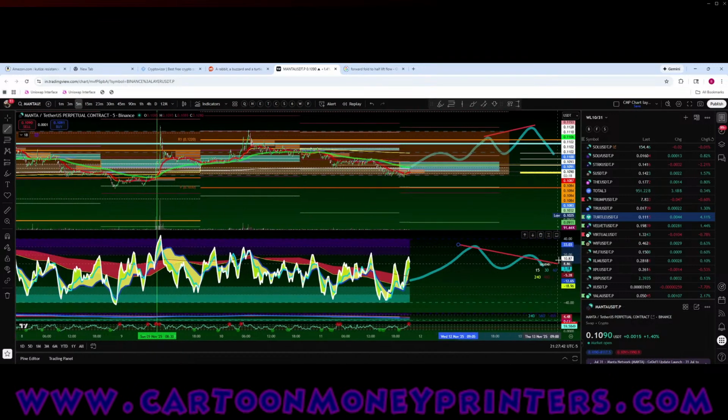The bear div and the bull div are essentially when price gets higher but momentum starts getting weaker, that's a bear div. If price gets lower but momentum gets stronger relative, that's when it's a bull div.